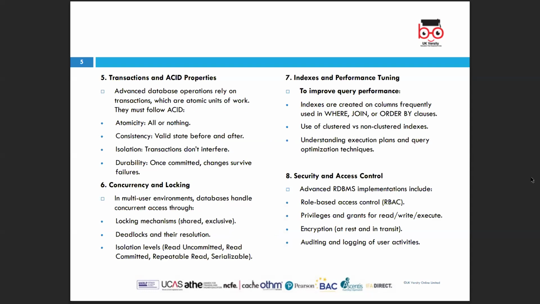Also, we'll look into transactions and ACID properties, such as advanced database operations, which rely on transactions, which are atomic units of work. Atomicity, all or nothing. Consistency, where we look into a valid state before and after.